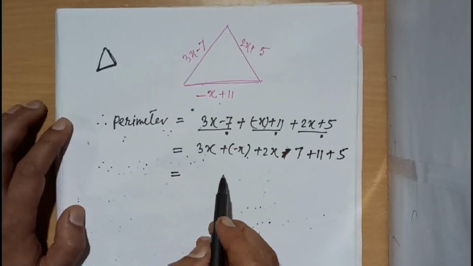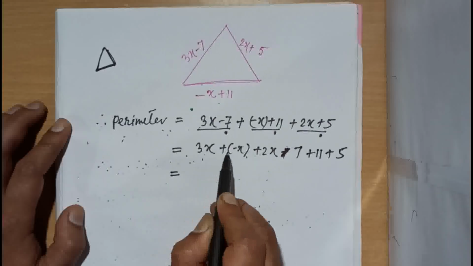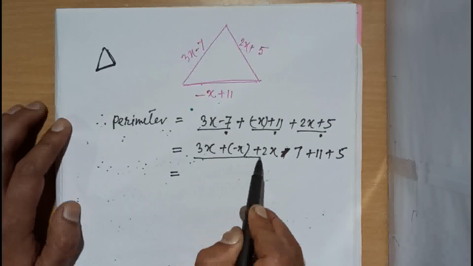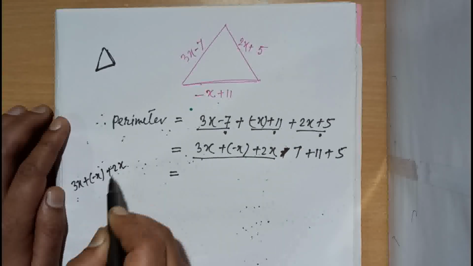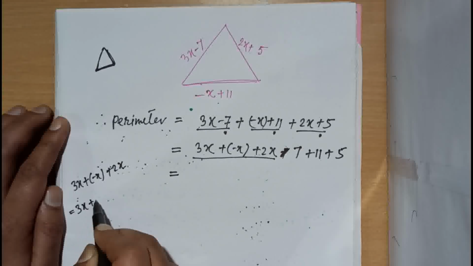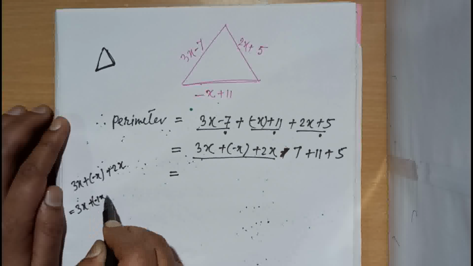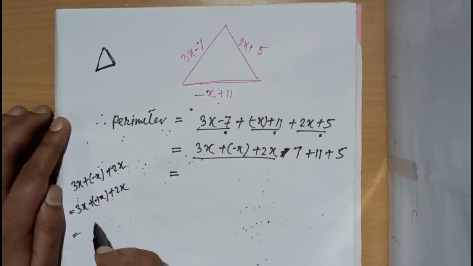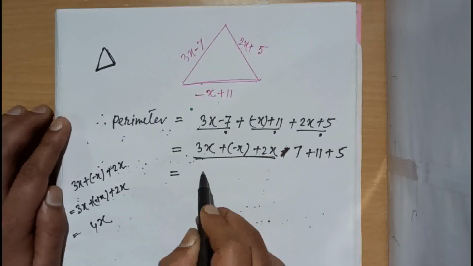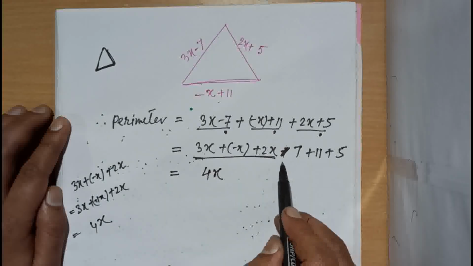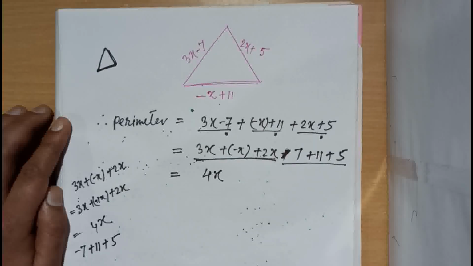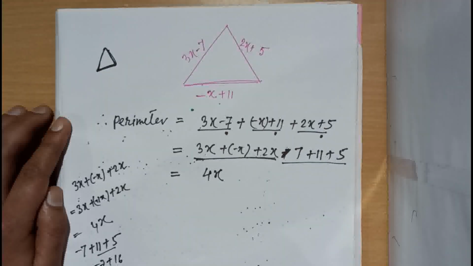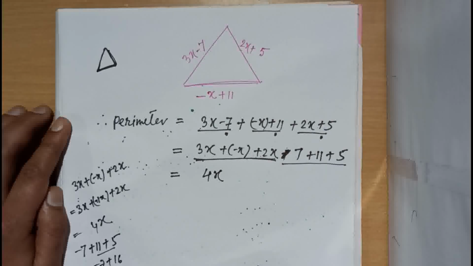Now 3x plus minus x plus 2x, you can also write as 3x plus minus 1x plus 2x, and ultimately this will give you 3 plus 2 is 5, minus 1 is 4, so after simplification you get 4x. Similarly minus 7 plus 11 plus 5 will give you minus 7 plus 16, that will give you positive 9.